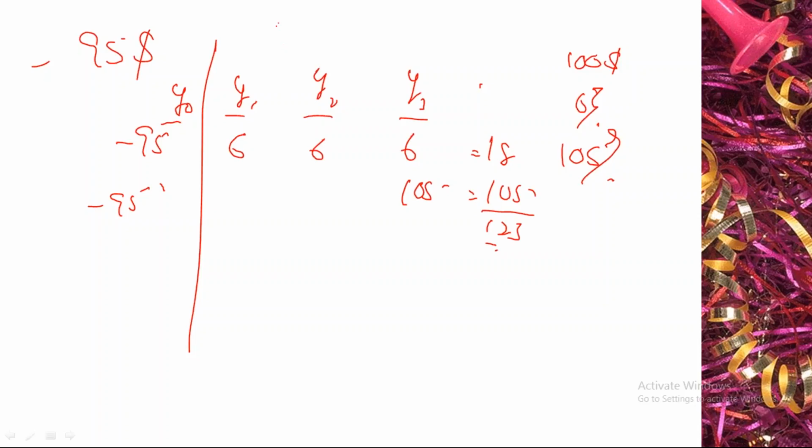I'm just taking some arbitrary figures. At 12%, the present value of all the money you are going to get is 101.